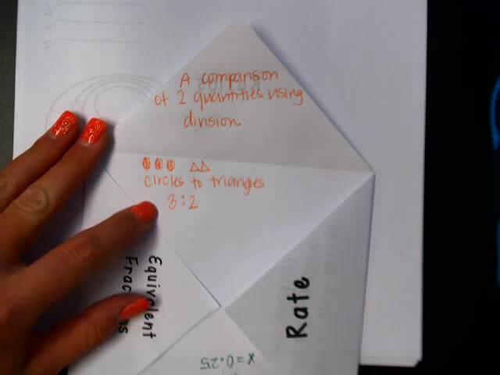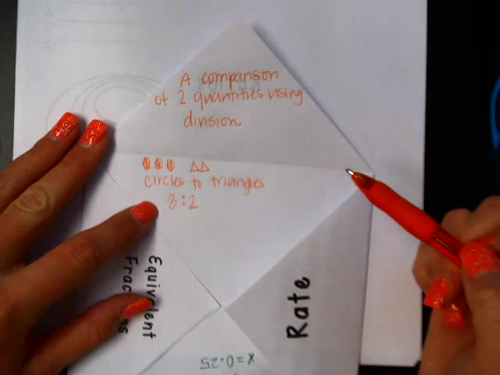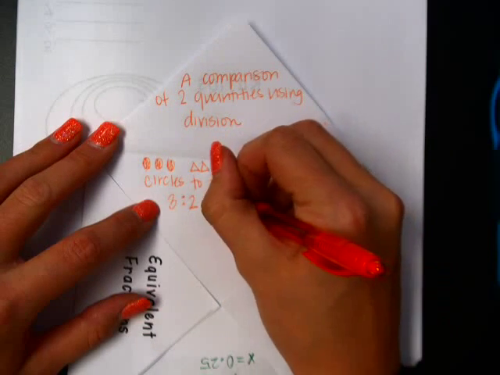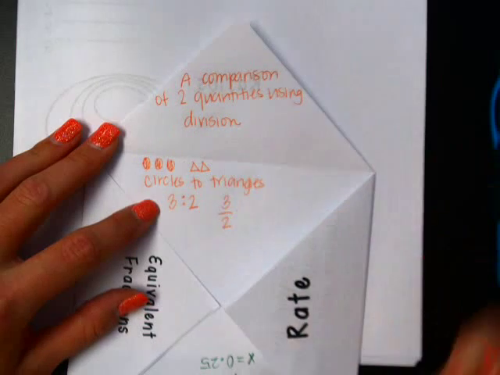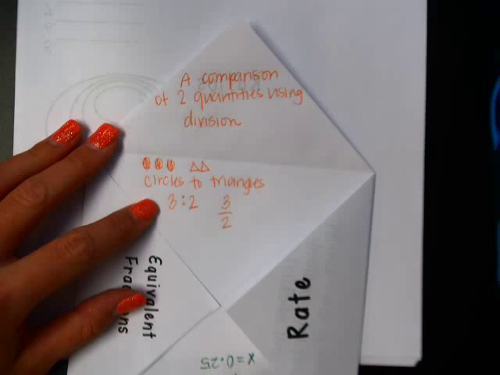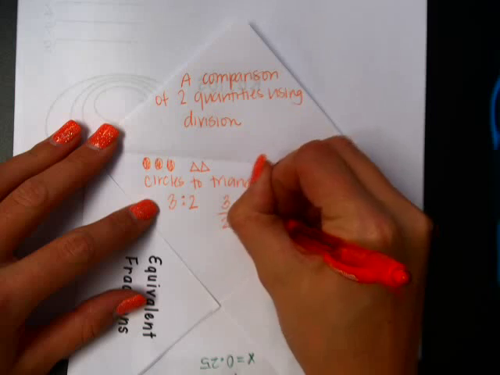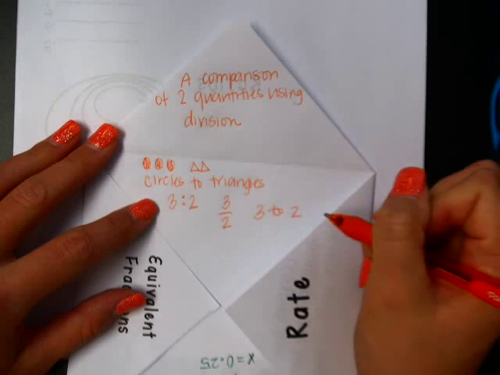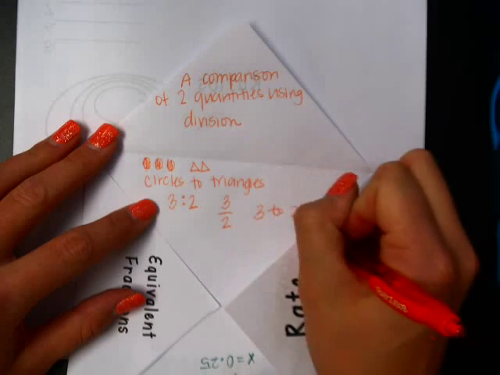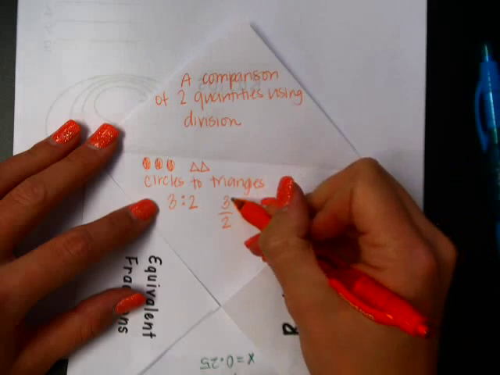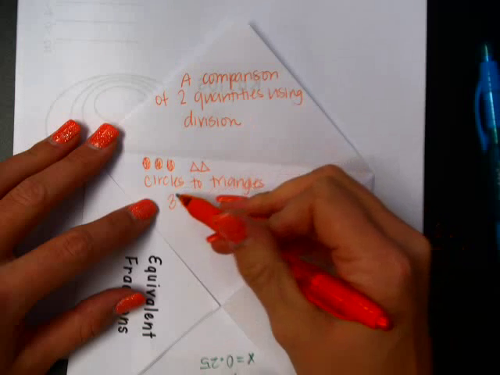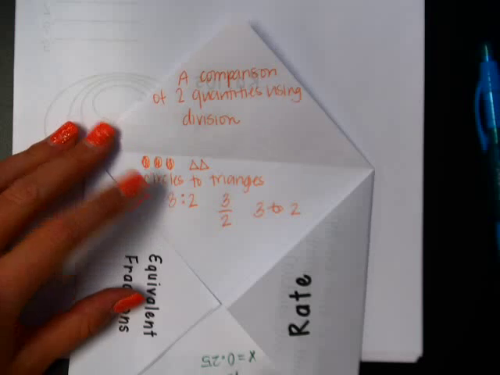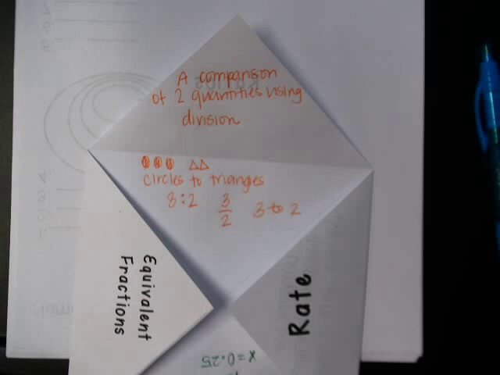We can use a colon to write a ratio, and we can also write it as a fraction. So I can write this as 3 to 2, 3:2, or 3 over 2. That's a ratio, and that shouldn't be new. Hopefully you've seen that before.